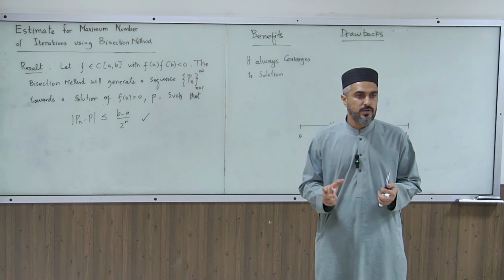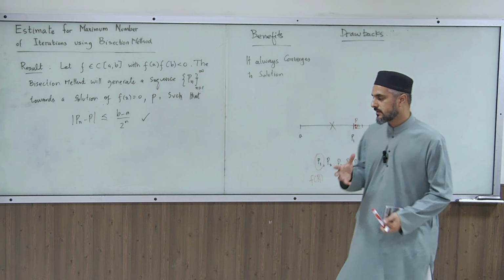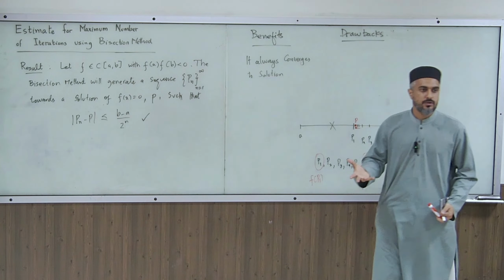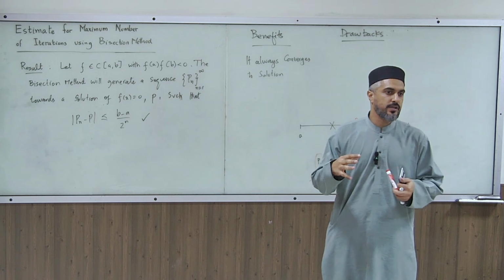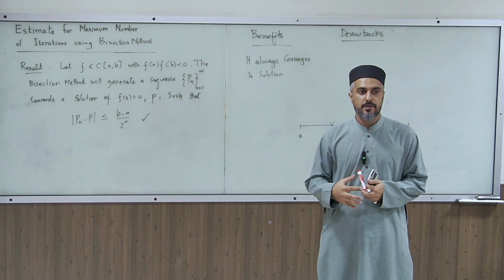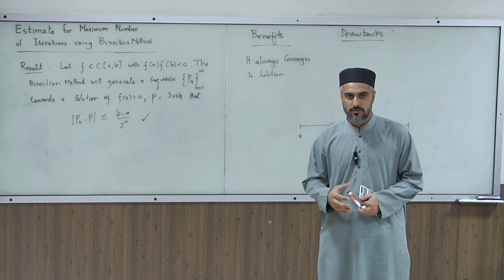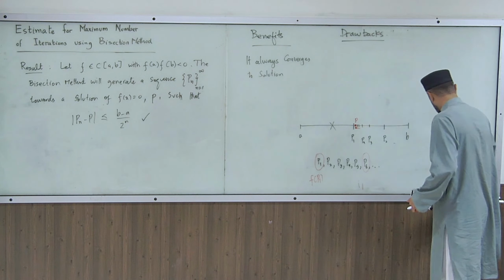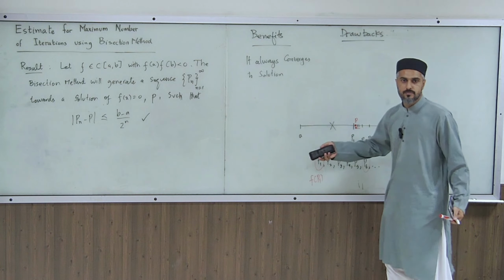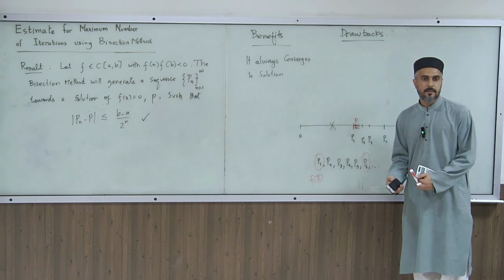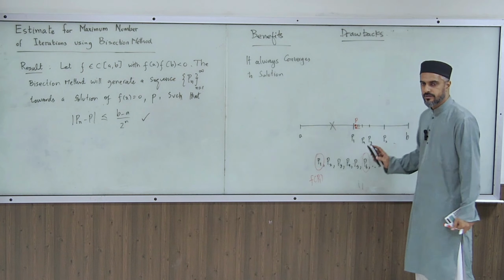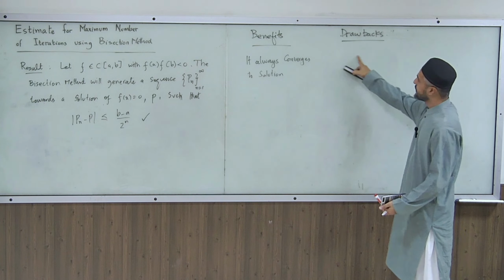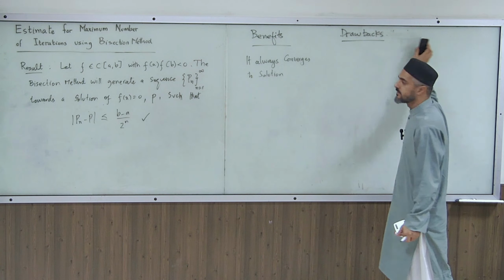You will be able to understand how the drawback is translated into something which, in combination, would be very good in terms of finding a solution quickly. So we'll be addressing this in that lecture. This is one issue with the bisection method, that it takes a lot of computation at times.